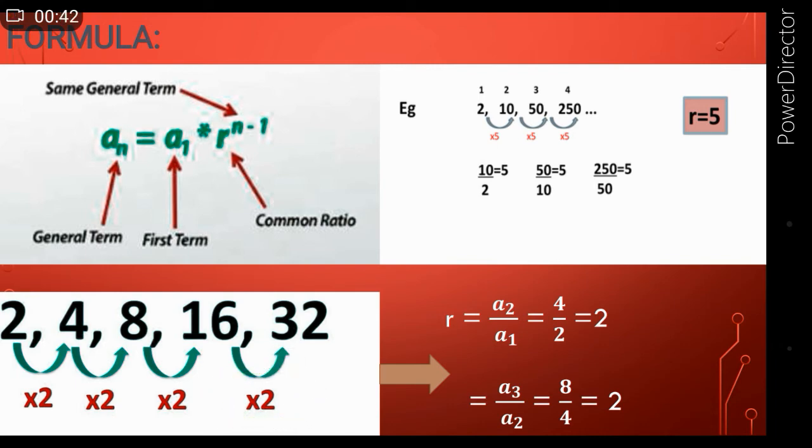You can see 2 twos are 4, 4 twos are 8, 8 twos are 16, 16 twos are 32, and there is a method for finding common ratio, a2 over a1 and a3 over a2, and it is 2. Similarly, here is one more example where common ratio is 5 and each term is obtained by multiplying with 5. This is the formula for finding r, and r is equal to 5.